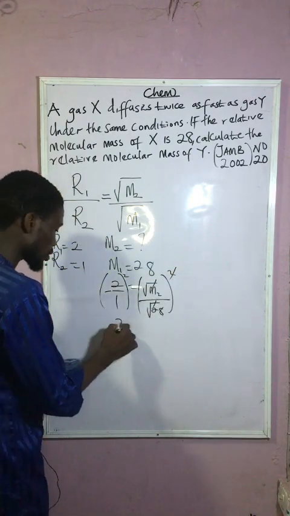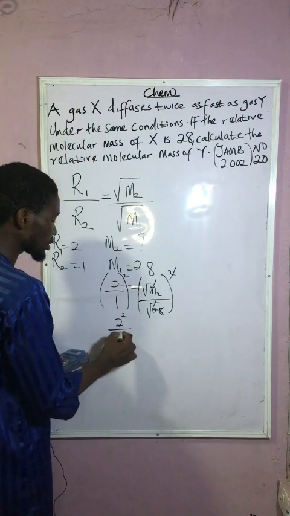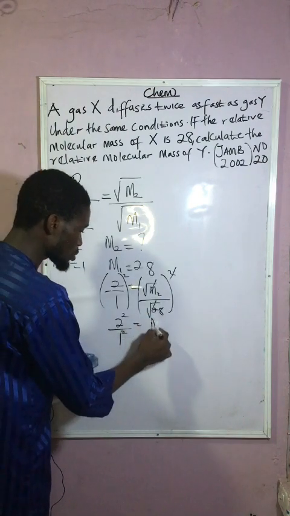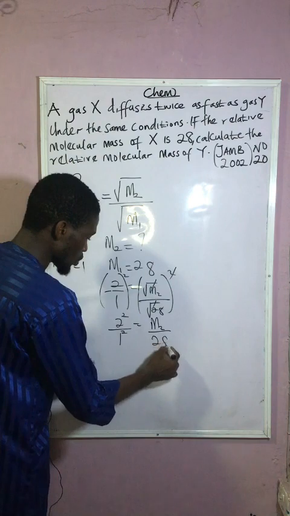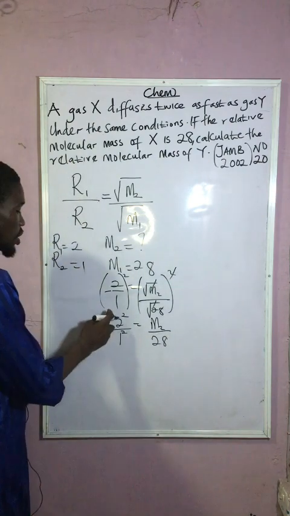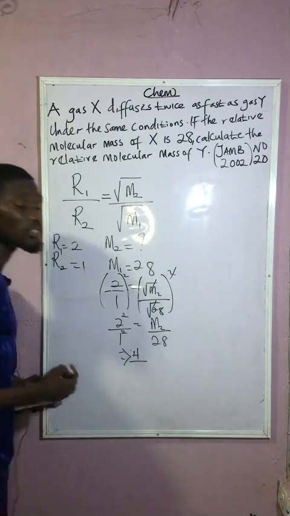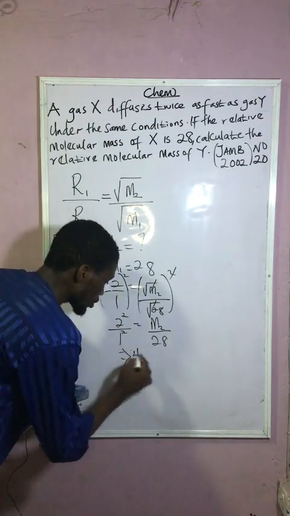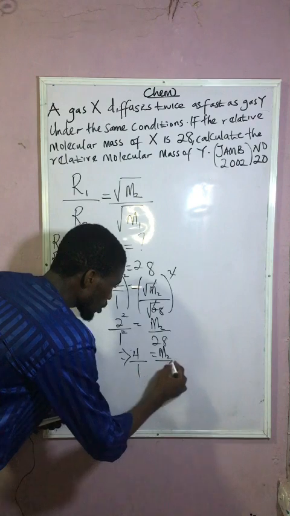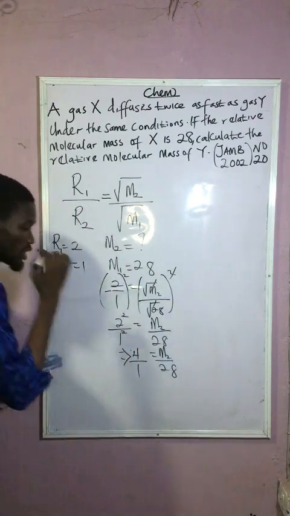And mind you, we have 2 raised to the power of 2 over 1 raised to the power of 2 equal to M2 over 28. We all know that 2 raised to the power of 2 is 4, and 1 raised to the power of 2 is 1, equal to M2 over 28.